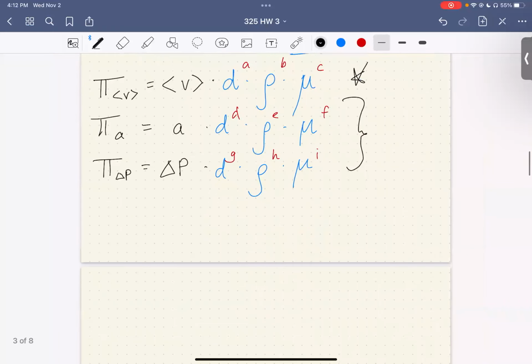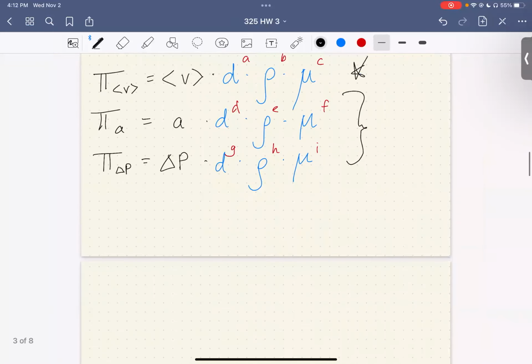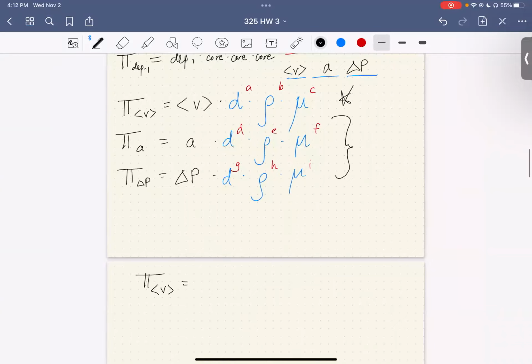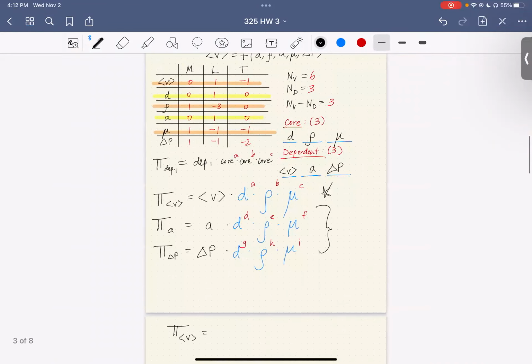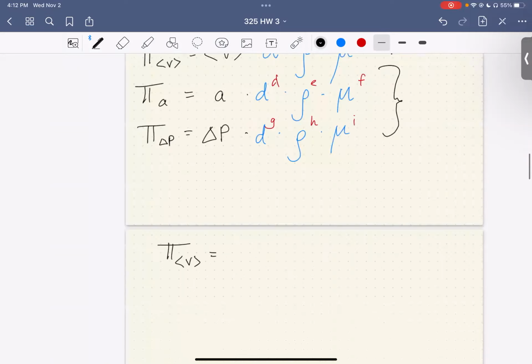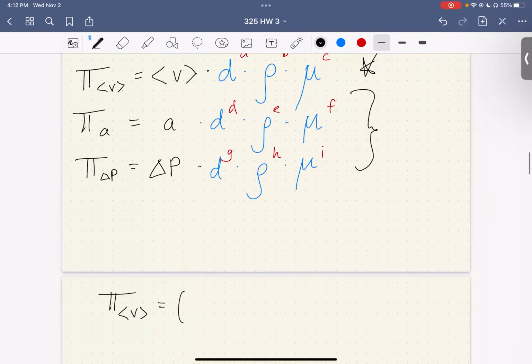So we have pi V equals. Now we're going to write out those dimensions. V is L to the 1 power and T to the -1 power. So we're going to write that out right here: L 1, T -1. Then we have, what's our next one?